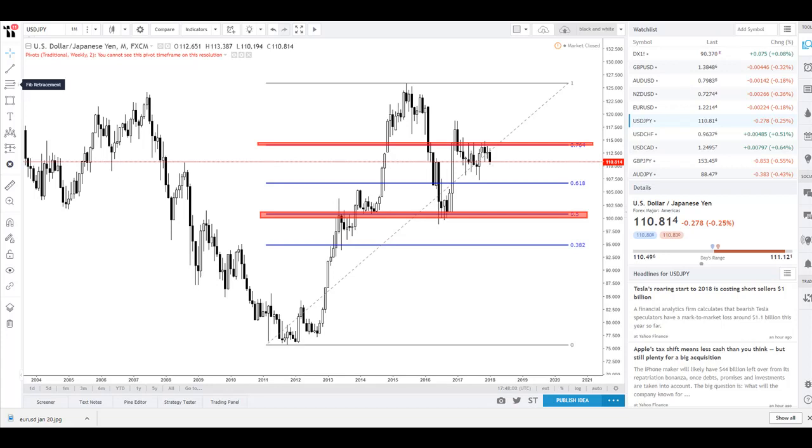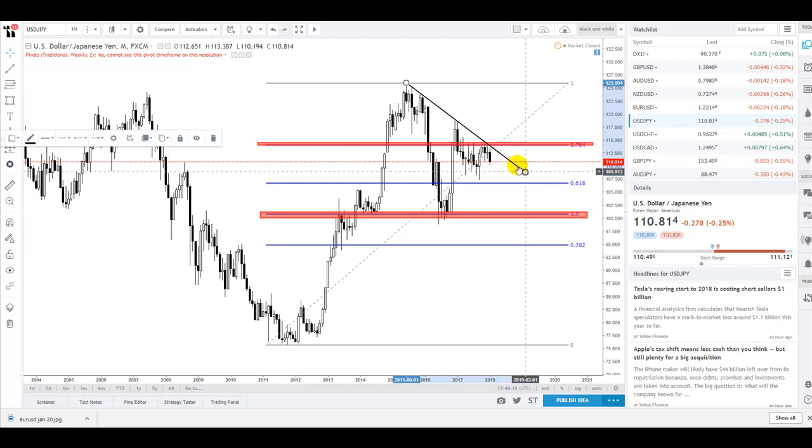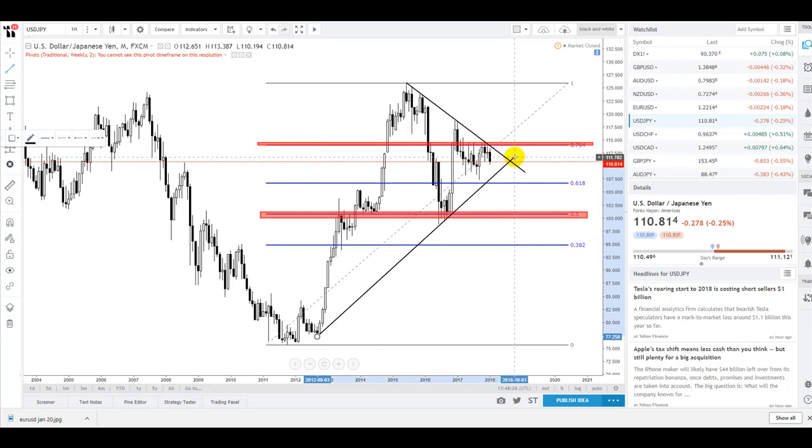Now the next thing will be, where can it move and what other structure points do we see? So something that I see personally is this descending trend line here, and again we're using the tips of the wicks. So we've got a descending trend line there. Other thing that I see here is the ascending trend line from the lows to the highs.